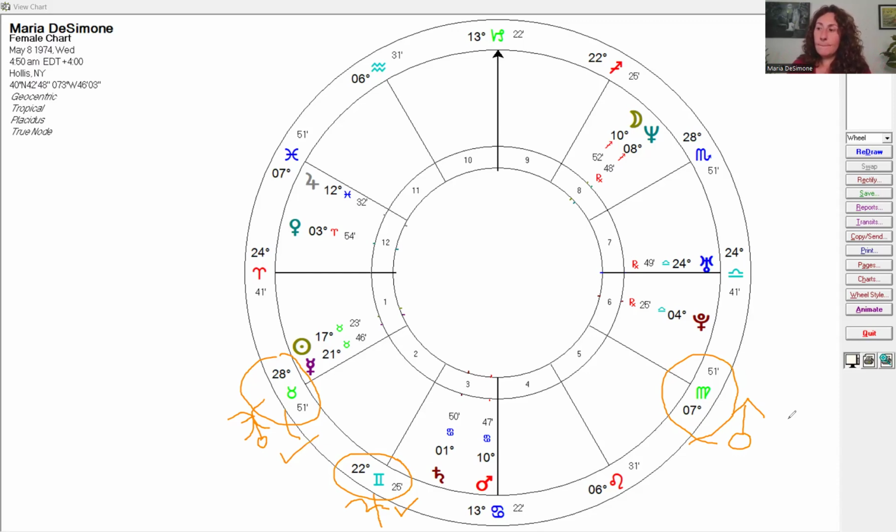So Mars crossed my sixth house cusp of illness on July 1st. Today's July 9th. And again, we have to give this little orb of influence because the house cusps are very sensitive.